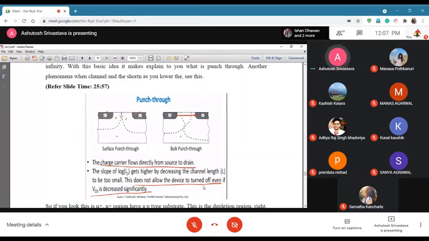And this leads to different types of punch through phenomena.